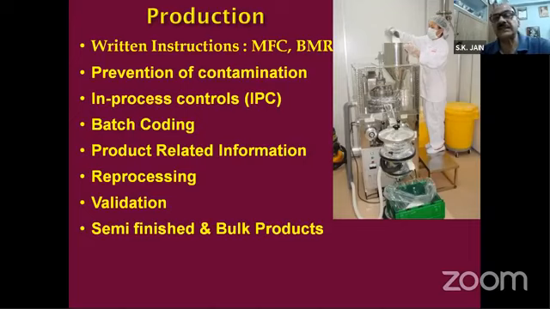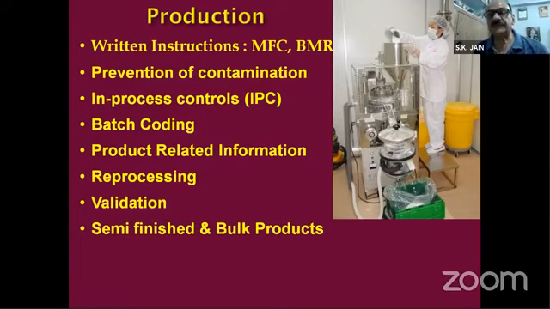Then prevention of contamination: there are SOPs for how we will process the material in the manufacturing area. So to prevent contamination of the product, during in-process control and during manufacturing, quality control persons will come and take the sample and see whether the product manufactured in the manufacturing area has the desired quality or not.